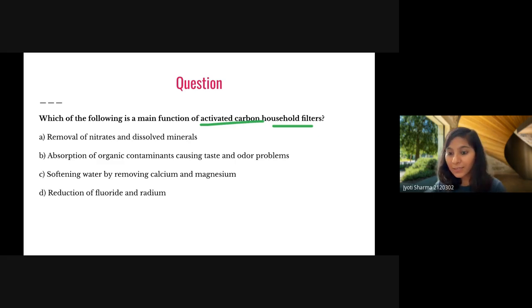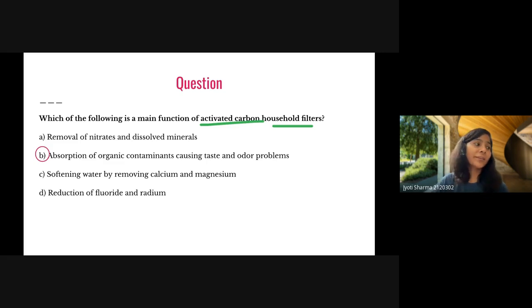Let me see the answers. Priscilla and Divya. Okay. Divya gave me B and Venkateshwara also gave me B. So yes, activated charcoal we are using everywhere, right?